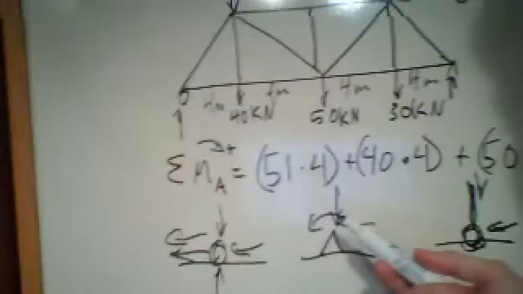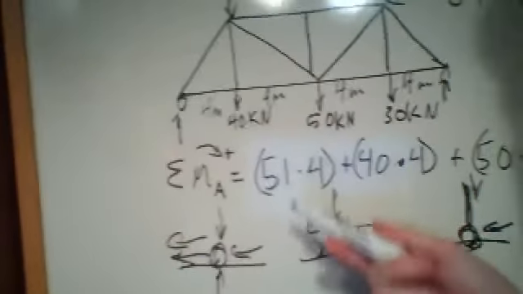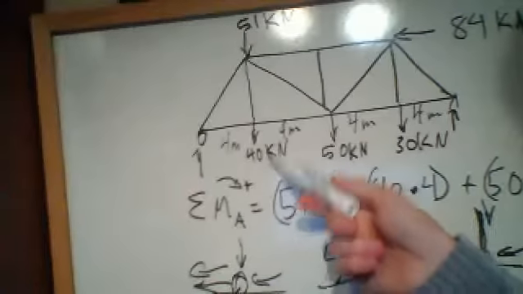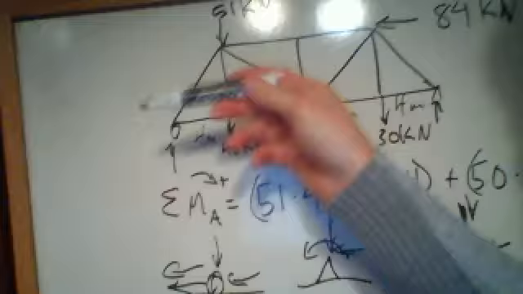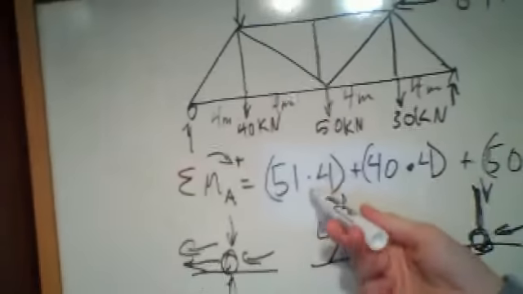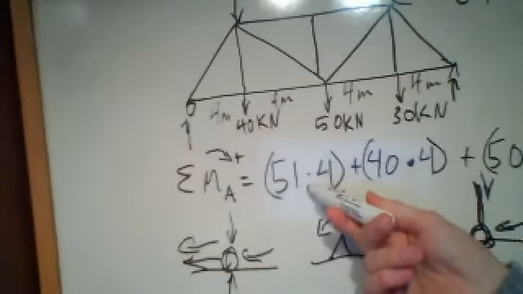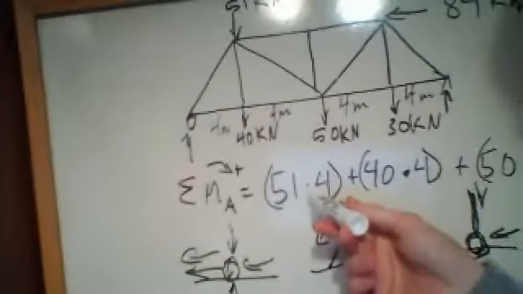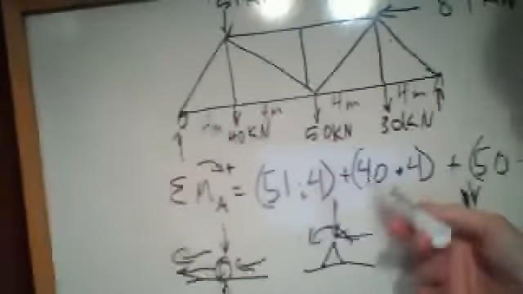If they're not in the same plane, I would just have a separate term for them. If this was a 40 and there was one right next to it that was 51, that'd be fine.